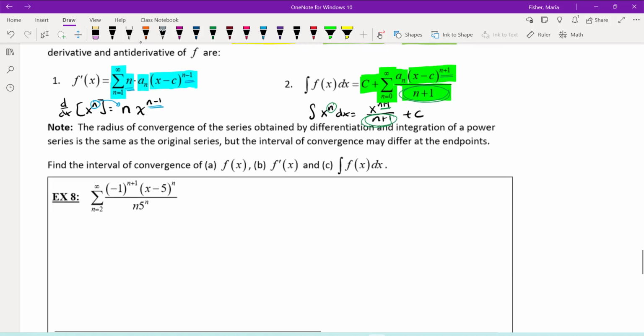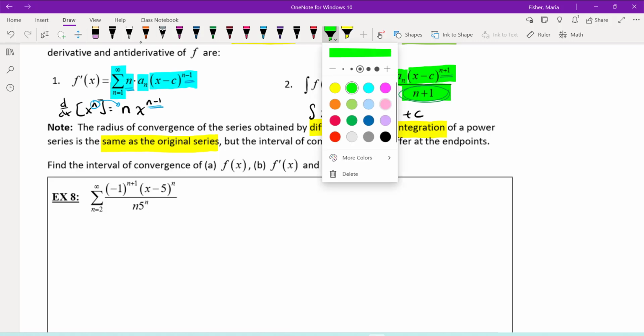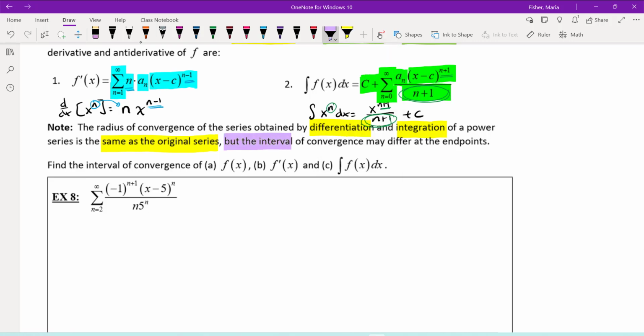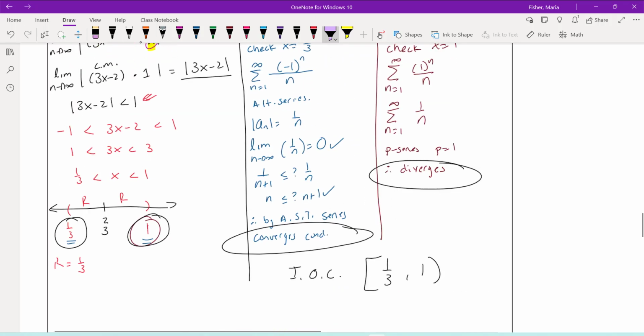Now, note, the radius of convergence that you get by differentiation and integration is the same as the original series. The only thing that differs is the endpoints. For example, here we got that our interval of convergence was 1/3 and 1.